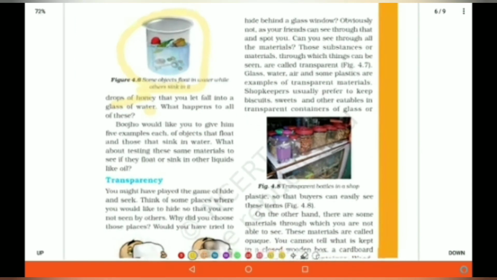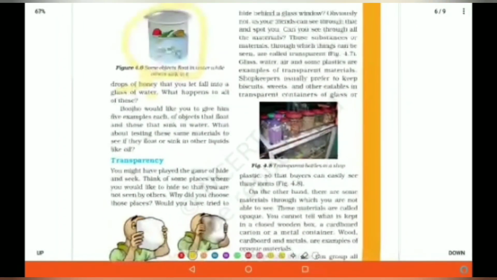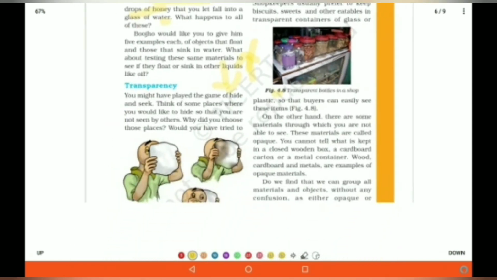Okay, some objects sink whereas some objects float. Some examples are wood, feathers, etc. which float, but heavy objects like iron, aluminium, and other metals sink down.